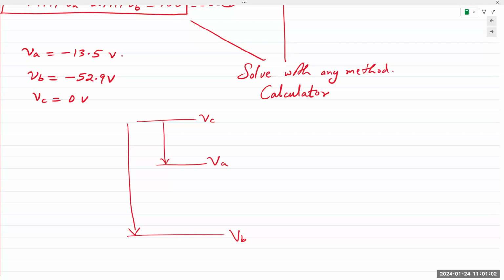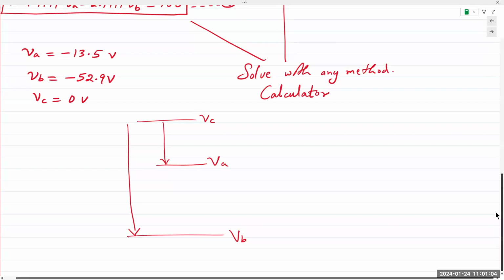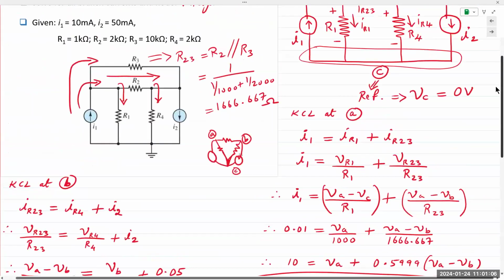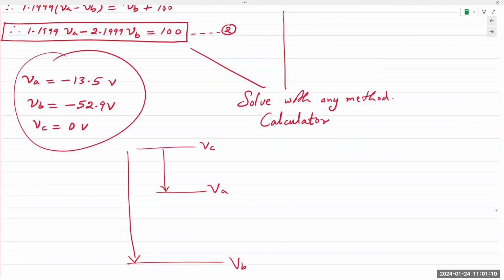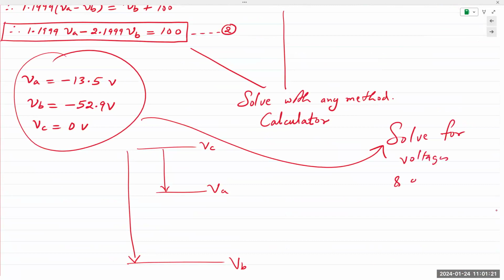I think we are out of time, but I want to make one more point. Now that I have my values for these voltages, you can solve for all voltages and currents in the circuit.